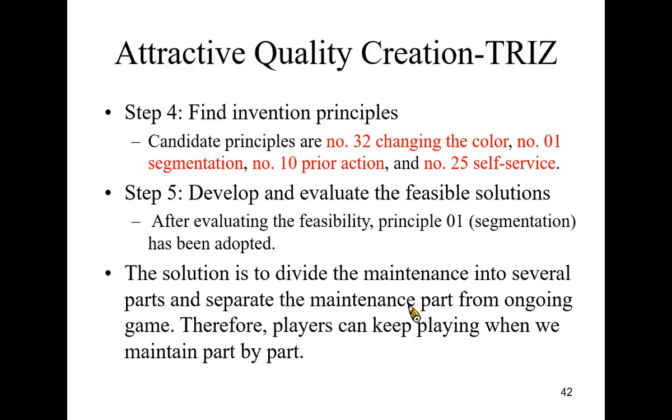According to the two identified parameters, we can use the contradiction matrix to find some candidate inventive principles. According to these principles, in step 5, we can develop a new available solution.